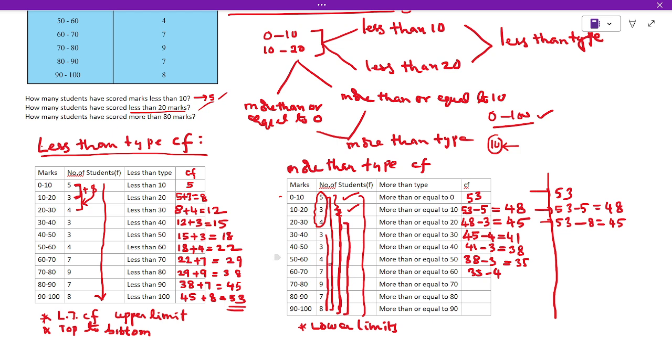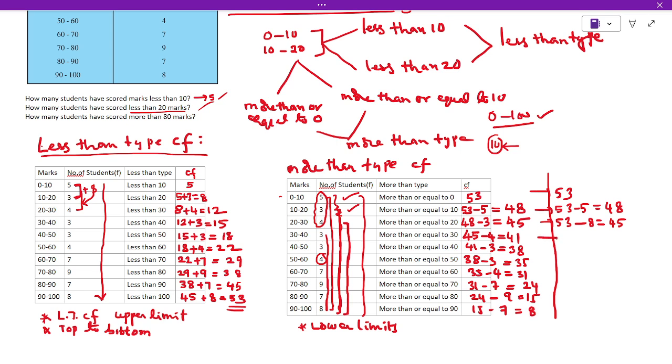So this I need to subtract, so therefore it will be equal to 31, and 31 minus 7 which is equal to 24. 24 minus 9 is equal to 15. 15 minus 7 is equal to 8. Okay, so this is the way.